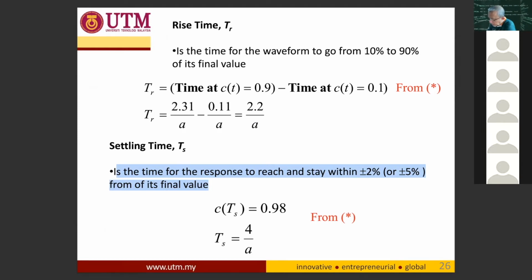What do you understand by plus 2% and minus 2%? Anurafika Balkis: The range is from 1 volt minus 0.02 until 1 plus 0.02.